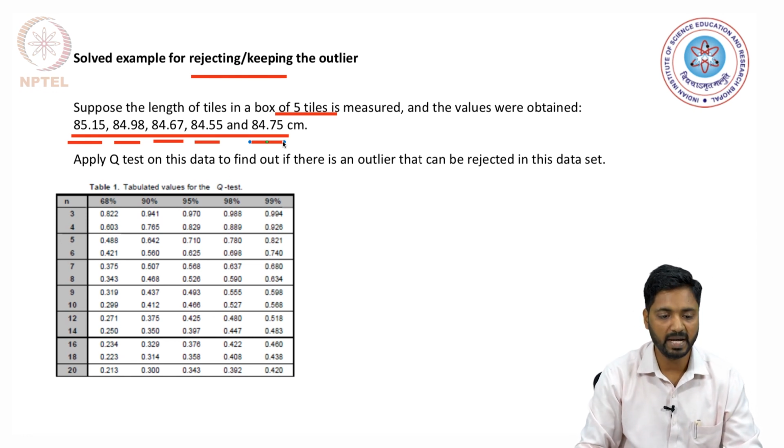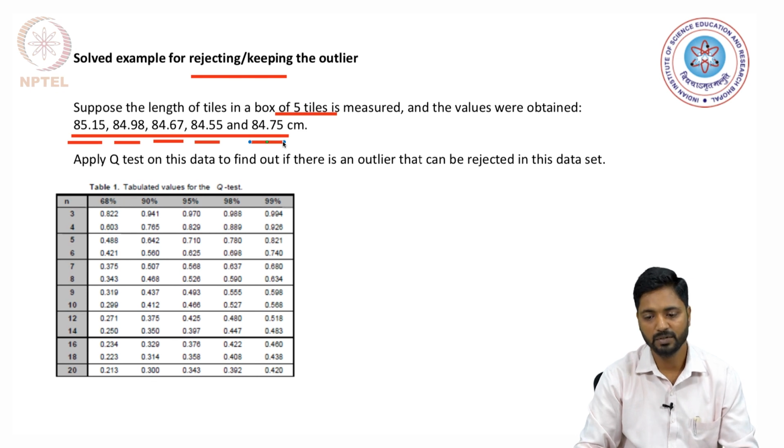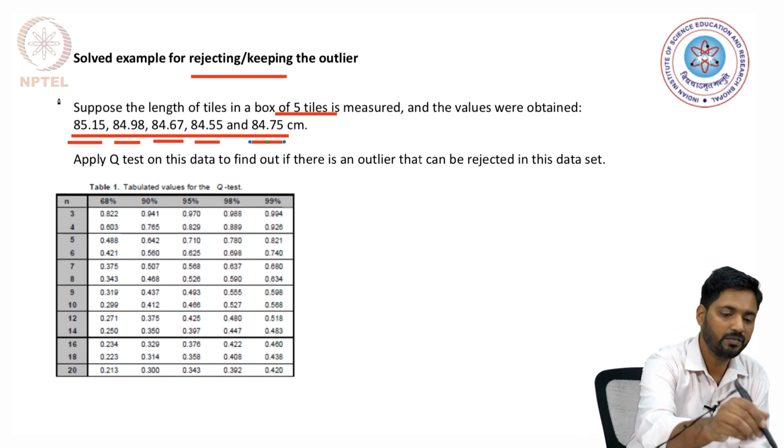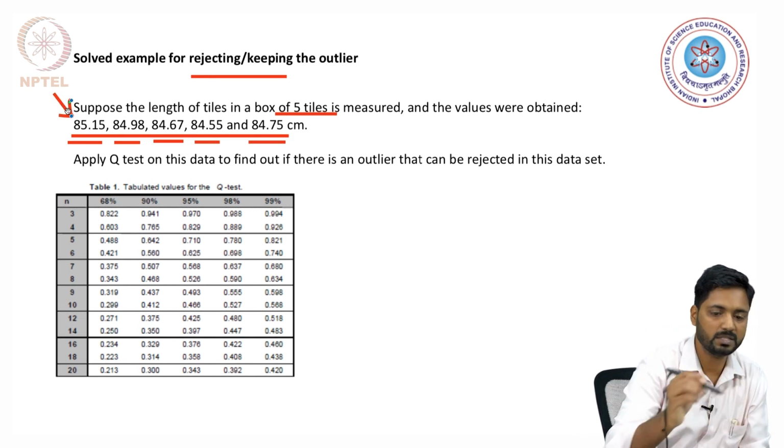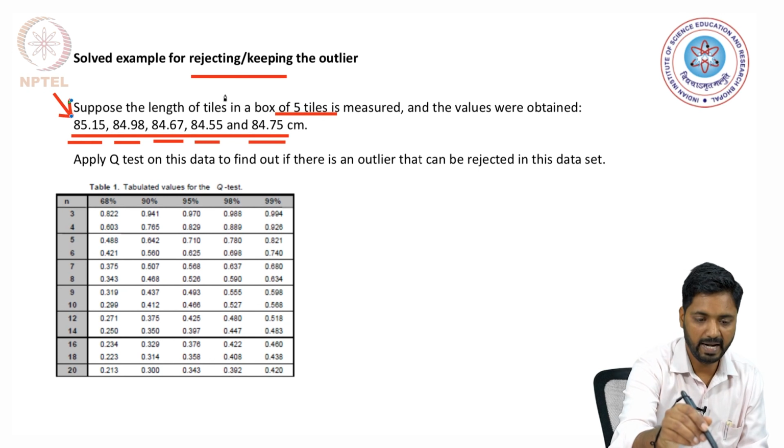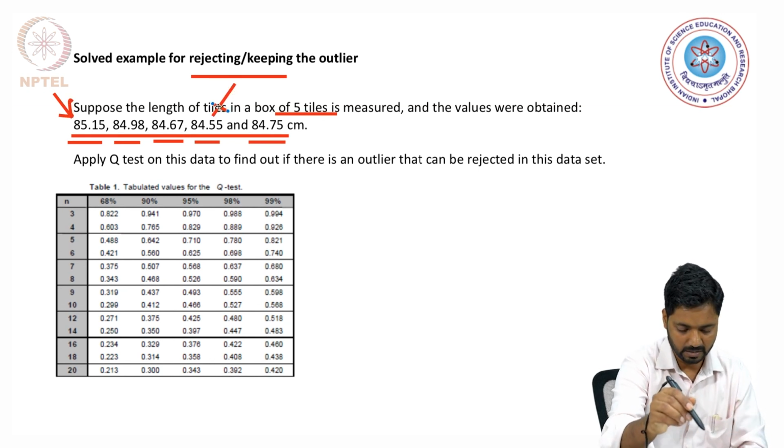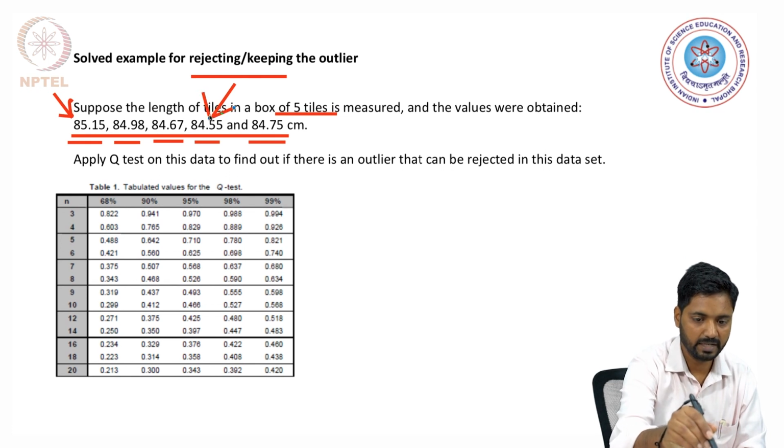Now, we need to apply the Q test on this data to figure out if we are dealing with any outlier or not. Now, there can be 2 readings that can be considered as outliers, the largest and the smallest. In this case, 85.15 is the largest reading and 84.55 is the reading which is smallest.